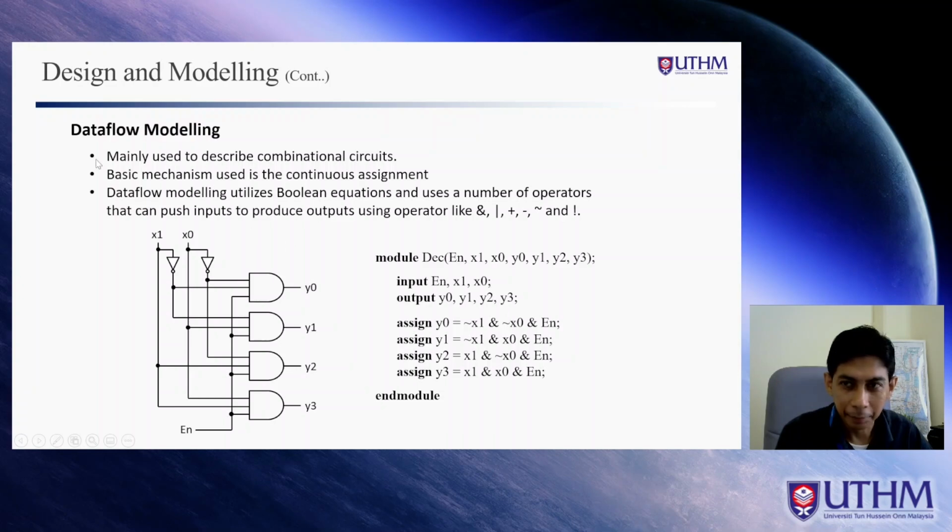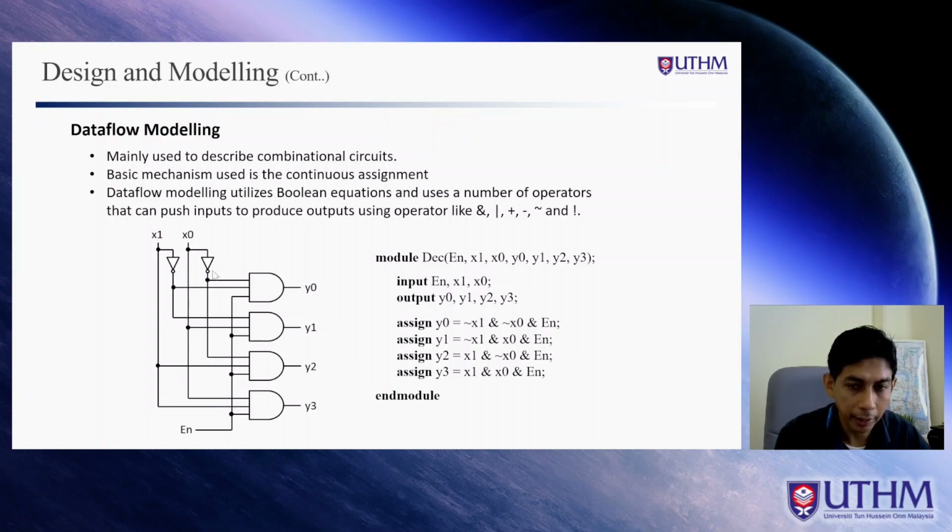Okay, so this is another example. So data flow modeling, of course, you need to have the equation. So this is the equation, and you use the assign keyword, right? So you assign, and you have the equation.